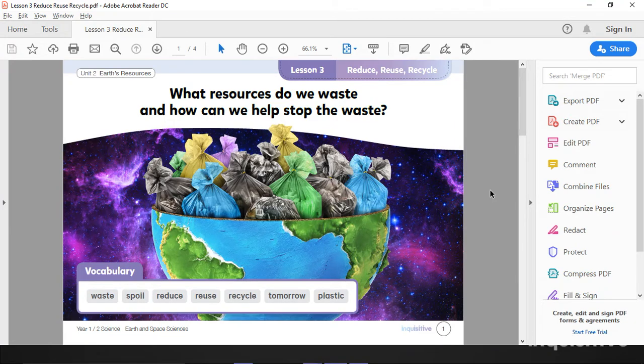Recycle. Thumbs up, thumbs to the side, or thumbs down. Recycle means, hands up, I know I can't see you, but hands up if you recycle. If you practice recycling at home. Recycling means to take the materials that something is made out of and to do something to those materials. You might break them down or pulp them up, and use those broken down materials to make something new.